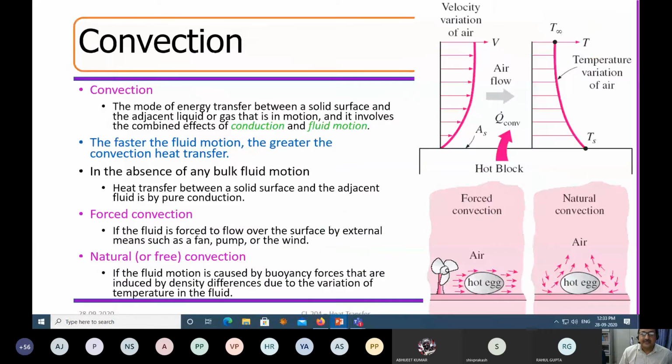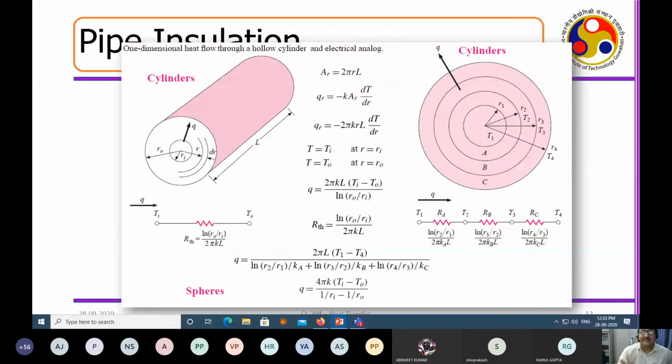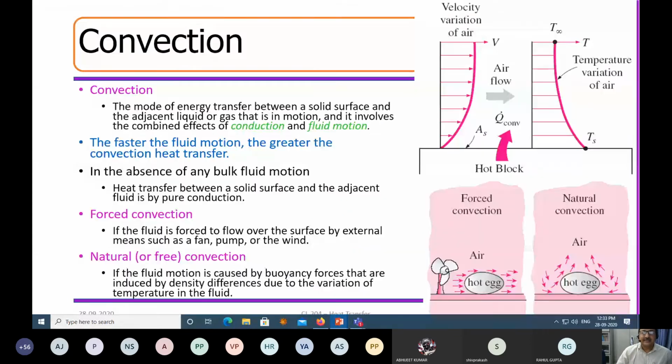Good, great, and fantastic. So next is what? Now, since we have more or less understood the framework in which conduction operates, say this is my hot block where the conduction is taking place, I bring in the phenomenon called convection. Say I have heated a ball and I have kept it in the atmosphere to cool down.